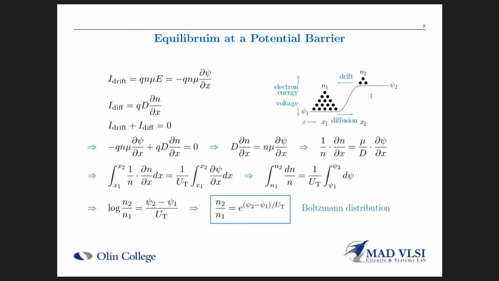And so you can think of the height of this barrier as being controlled by the voltages that we apply in some ways, and then the number of electrons that are able to surmount the barrier is exponentially related to that applied voltage.